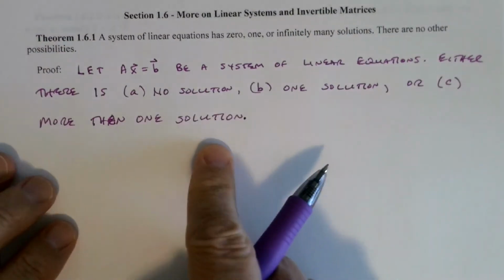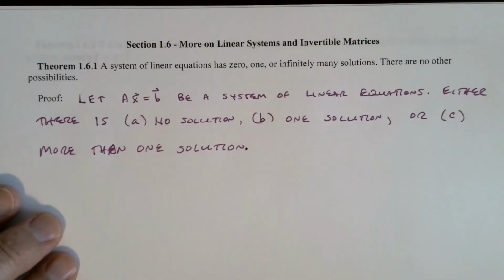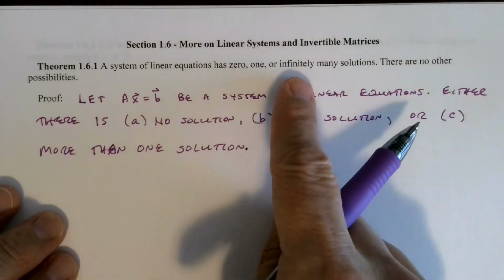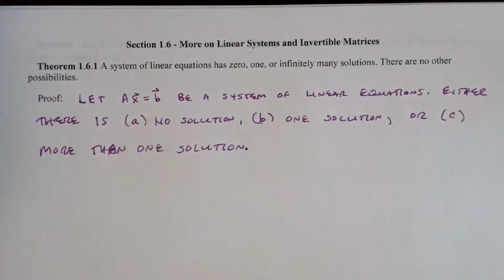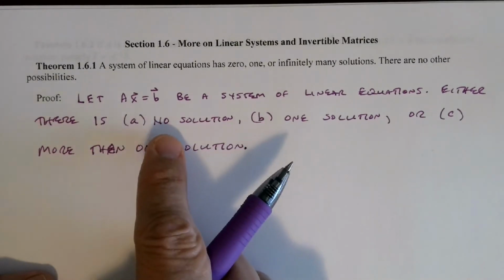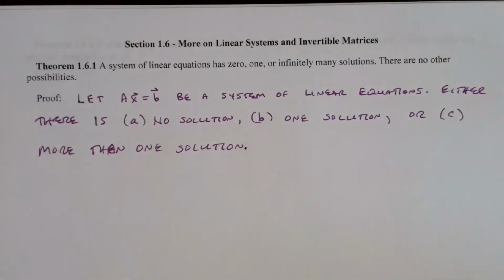Now you might say, you're just stating what you're trying to prove. No, it's not quite the same thing. We have no solution, one solution, or more than one. That doesn't necessarily mean infinitely many. More than one could be two or three, but certainly these are the only possibilities. If you have a system of linear equations, either there's no solution, or you have one solution, or you have more than one solution. That covers everything, right? So I haven't stated really anything other than what's obvious.